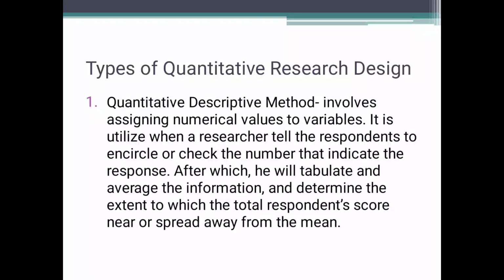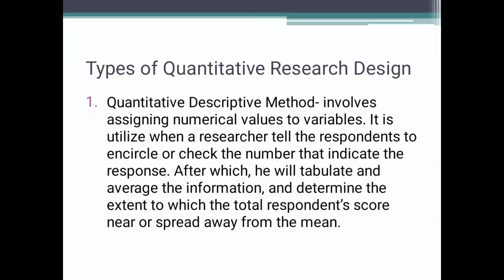The first type is tinatawag nating quantitative descriptive. When we say quantitative descriptive, ang ginagawa ng researcher dito is binibigyan niya si respondent ng questionnaire, and then si respondent or yung taong sumagot ng questionnaire or ng instrument, checkan niya yung instrument na yon depende sa kanyang level that corresponds to the numerical values ng instrument na yon.